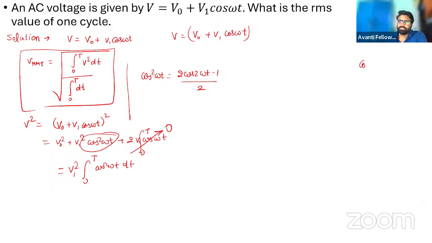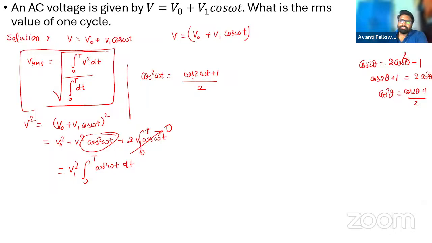Cos 2 theta in the form of cos is 2 cos square theta minus 1. So cos 2 theta plus 1 is equal to 2 cos square theta. So cos square theta from this equation becomes cos 2 theta plus 1 divided by 2. So it is cos 2 omega t plus 1 by 2 we can put here.